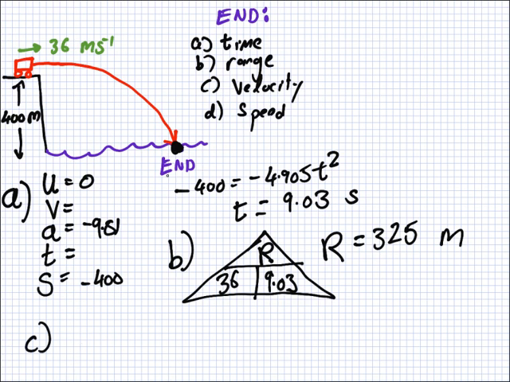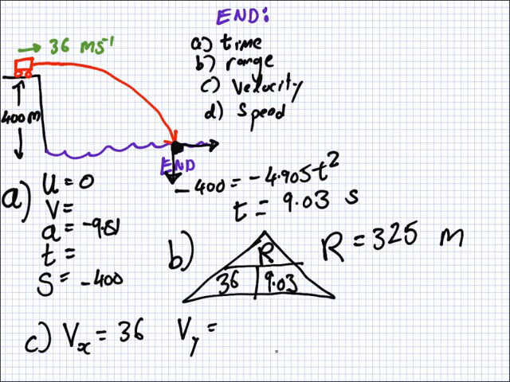Now here I want the velocity, so I need to find both the Vx and the Vy. I know what the Vx will be. It'll have to be 36, just before it hits the water. And the Vy?